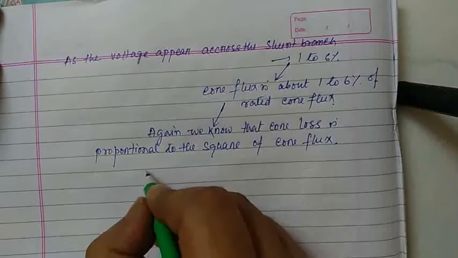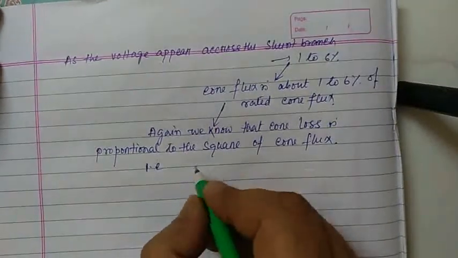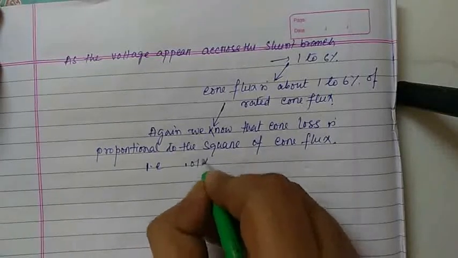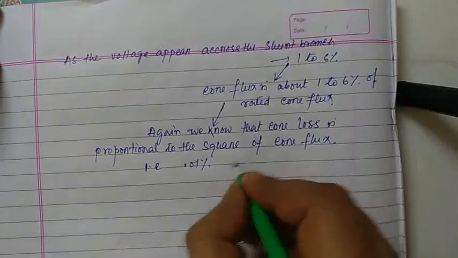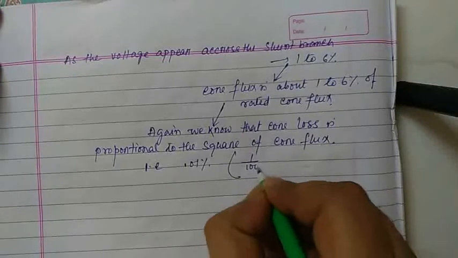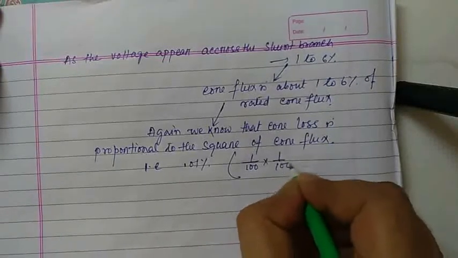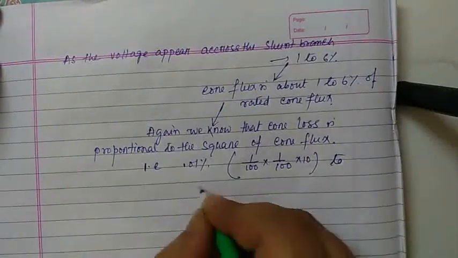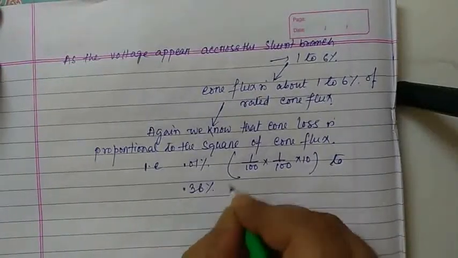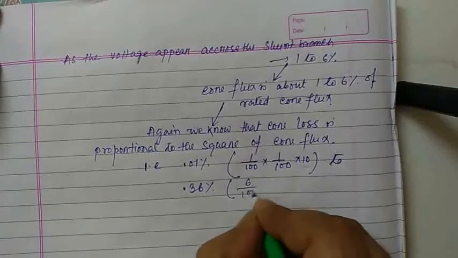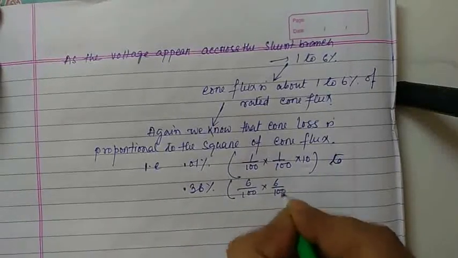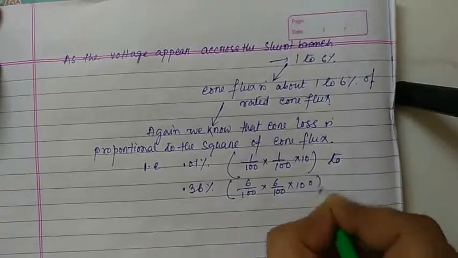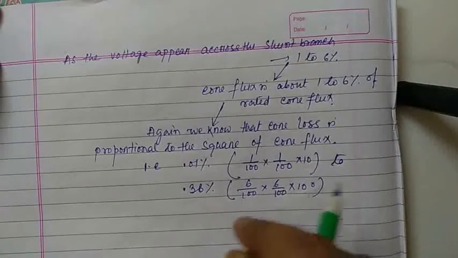That is, the value should be 1 by 100 into 1 by 100 into 100, which is 0.01%, to 6 by 100 into 6 by 100 into 100, which is 0.36% of the rated value.